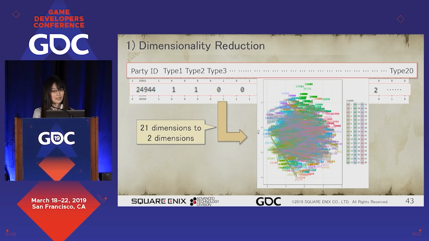By performing this conversion, it is now possible to plot 20-dimensional data into a 2-dimensional XY coordinate system, which is easier to understand intuitively. In this case, the graph shows the similarities between the parties.